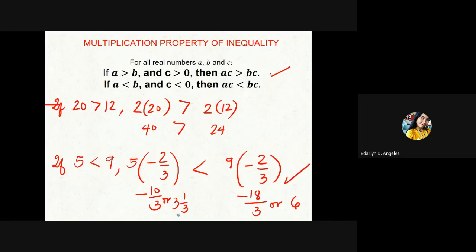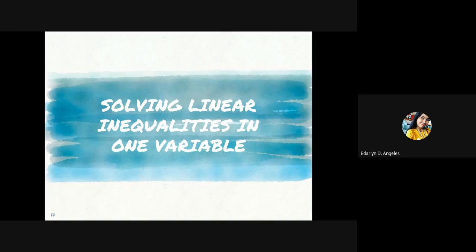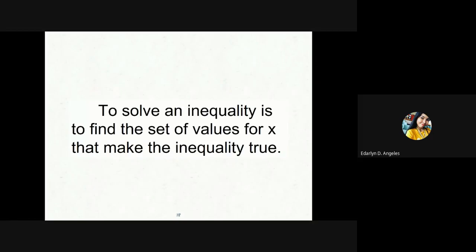Okay? So applying the different properties of inequalities, we can now solve linear inequalities in one variable. To solve an inequality is to find the set of values for x that make the inequality true.